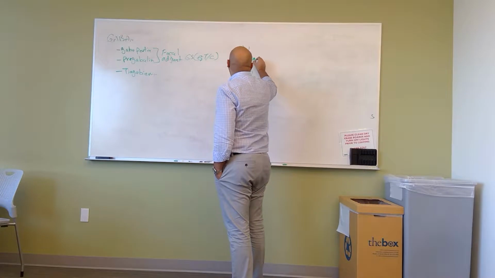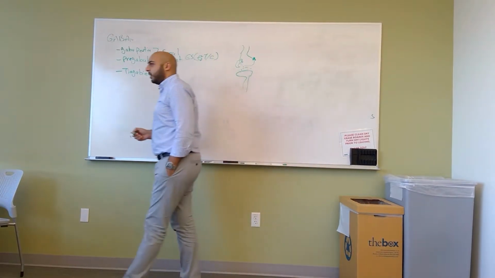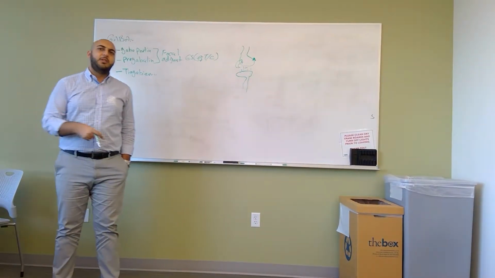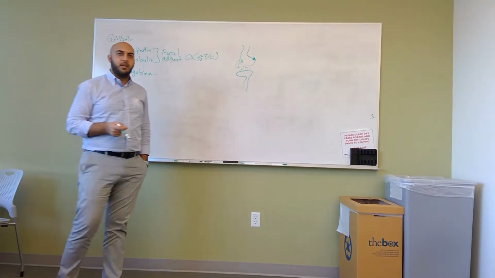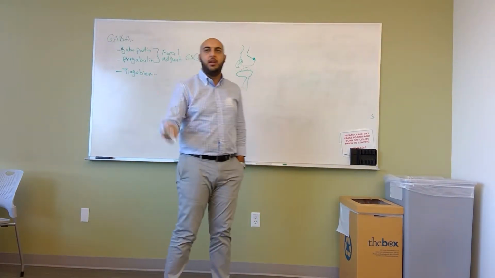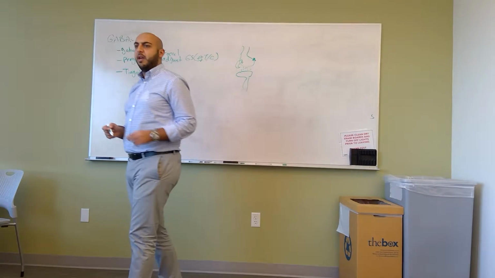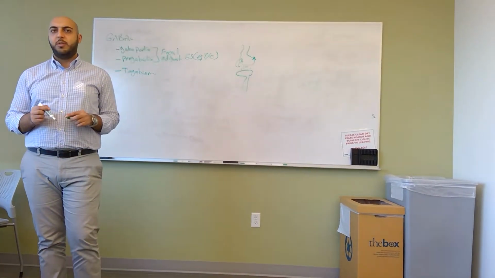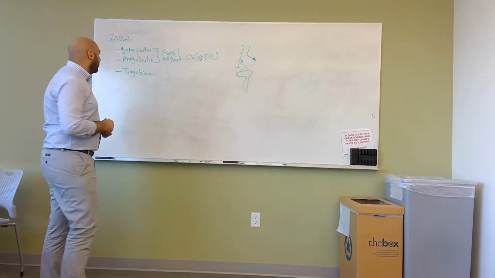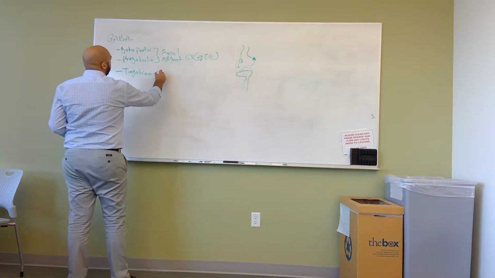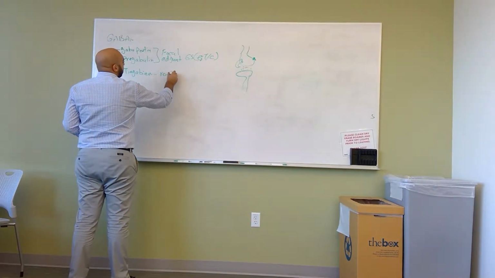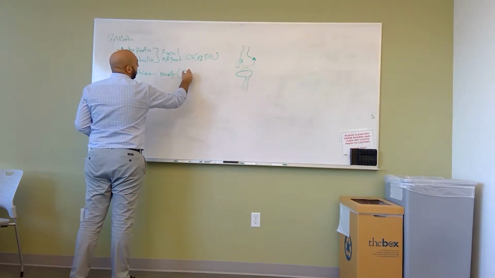There is an autoreceptor here that inhibits the reuptake, and tiagabine increases the rate of recycling of your GABA so that you will have another round, by inhibiting the negative feedback pathway from the autoreceptor. Tiagabine is rarely used. It's also renally eliminated. Its use is as a focal adjunct.